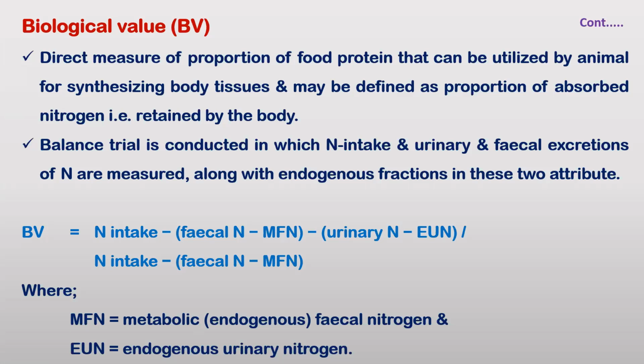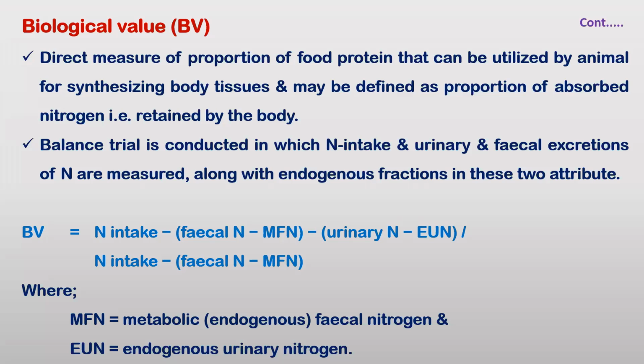So we can calculate the biological value. Before calculating it, we should go for the balance trial. A feeding trial is essential, and we should perform the balance trial while calculating the biological value.